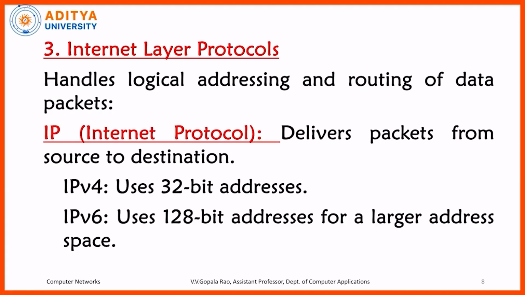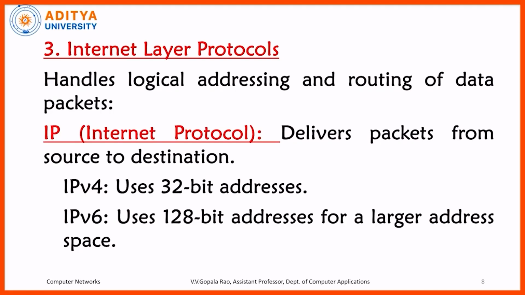Here the packet will be delivered from source to destination by following two types of addressing pattern. One is called IP version 4. IP means internet protocol, V is the version letter, and 4 is the number which tells about the size of the address meant for identifying the source and destination devices.